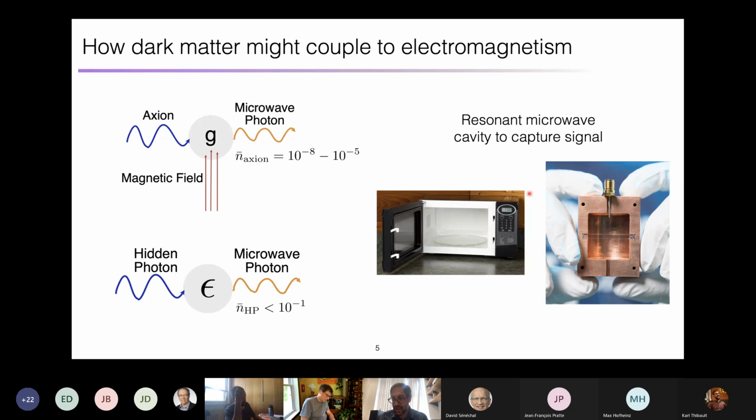So basically, if you make a box, for the axion you have to put that box in a strong magnetic field. In the hidden photon case, you don't have to do that. Then you hopefully get a microwave photon in that box if the axion happens to be resonant with it, and then it will come out this cable. Or it'll be in the box. So the question is, how do you detect that photon?